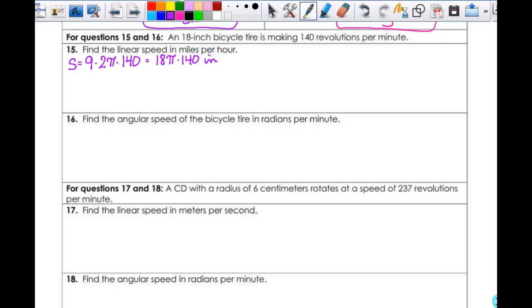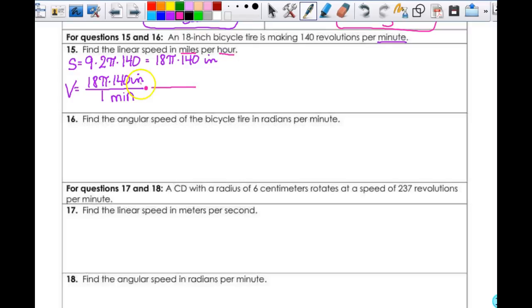So then my velocity is that arc length, which is 18 pi times 140 inches over 1, and that's revolutions per minute, so it'd be in 1 minute. No, I'm not done because it didn't ask me for inches per minute, it asked me for miles per hour, so I have to do some converting. So here we go.